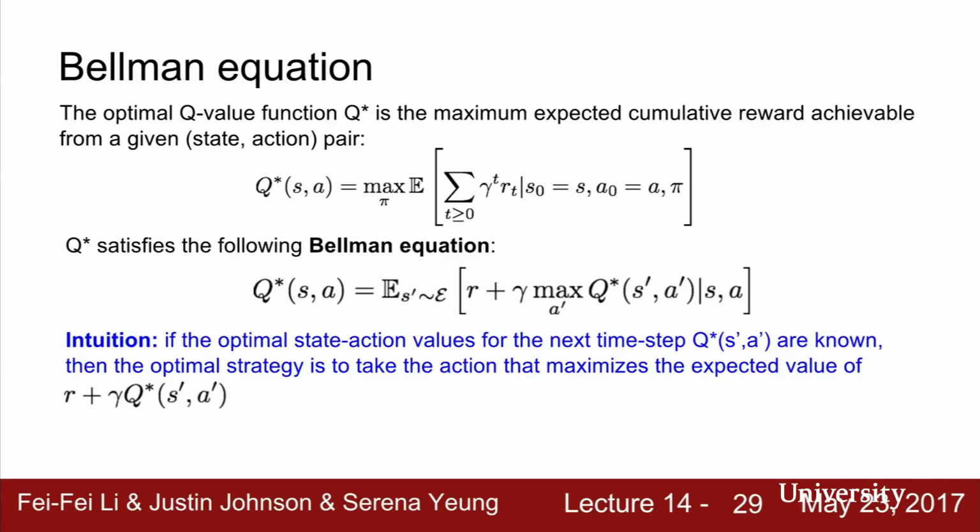Now we're going to see one important thing in reinforcement learning, which is called the Bellman equation. Let's consider this q-value function from the optimal policy, q star, which is going to satisfy this Bellman equation, the identity shown here. What this means is that given any state-action pair S and A, the value of this pair is going to be the reward that you're going to get, R, plus the value of whatever state you end up in, let's say S prime.